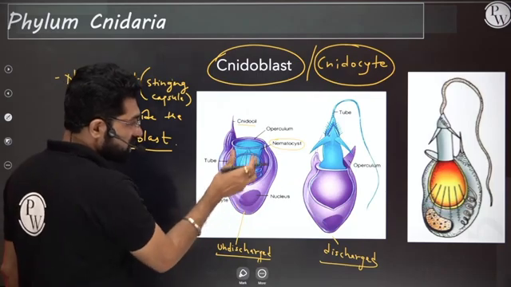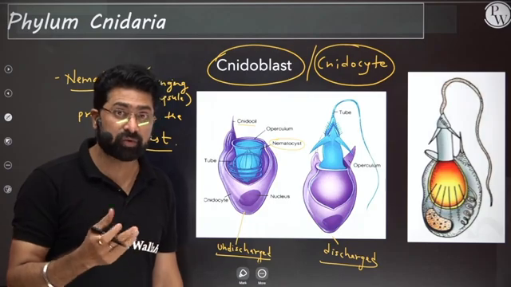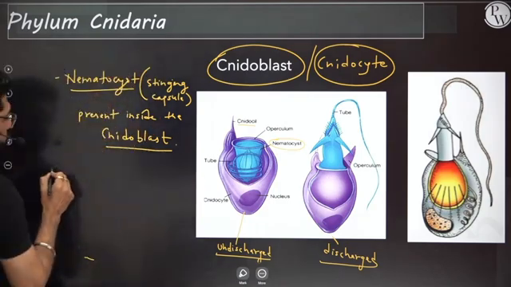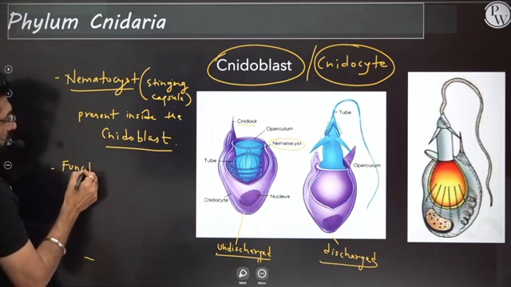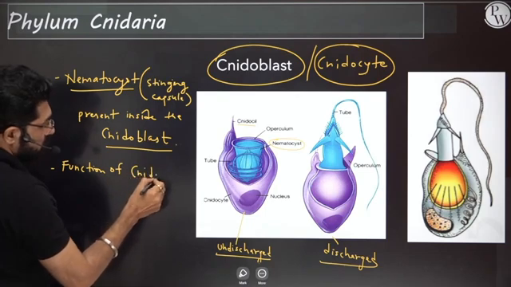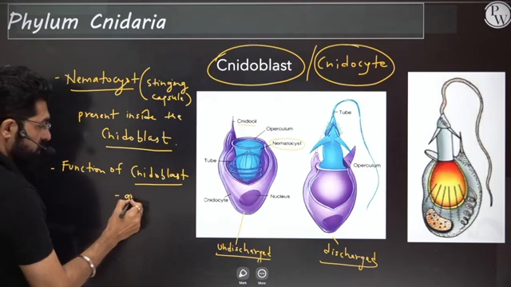So can you see this structure has come out and it is used for what? It is used for anchorage. They may also ask you what the function is. So let's talk about the function of cnidoblast. So it is anchorage.